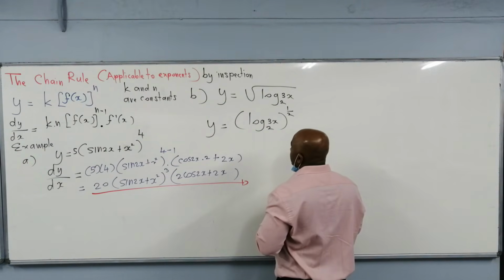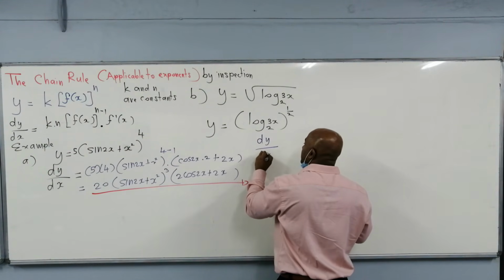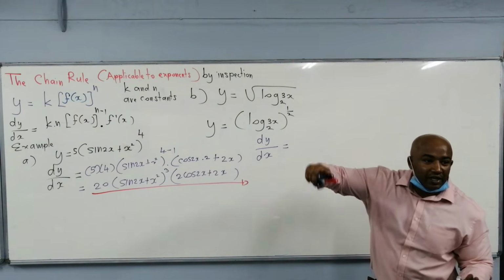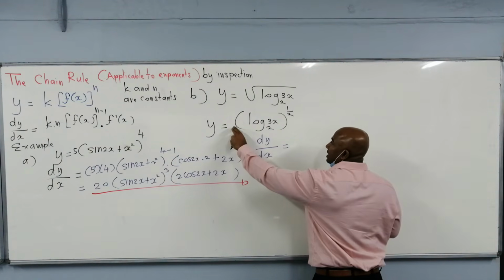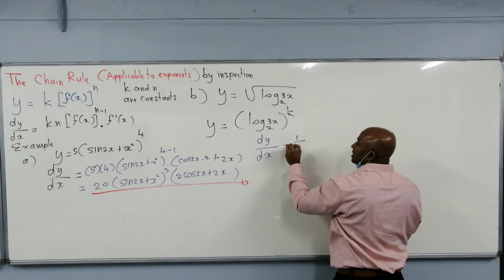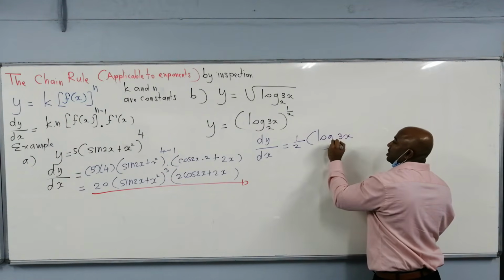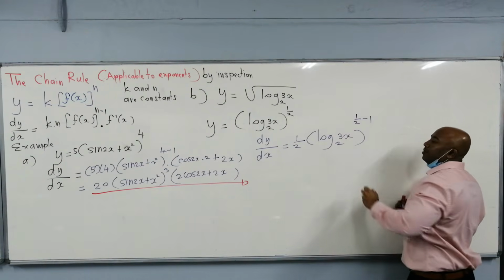So now I'm going to go dy over dx. I have an exponent, so I must deal with the exponent first all the time. Chain rule. So that's 1 times half, which is half, and then I've got log of 3x to the base 2, and then here I'm going to go half minus 1.